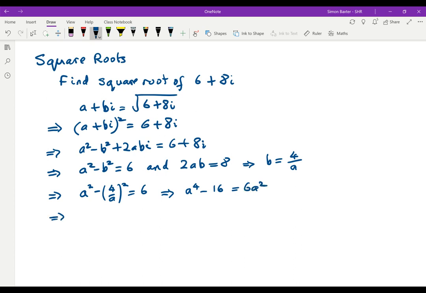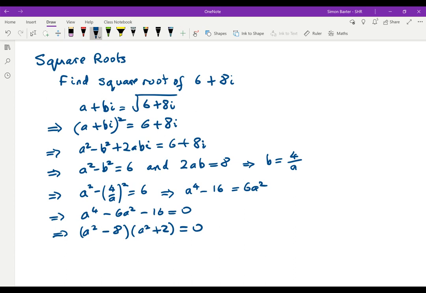Rearrange that, and we get a to the 4 minus 6a squared minus 16 is 0. It's a quadratic equation in a squared, so that will be (a squared minus 8)(a squared plus 2). Does that work? Minus 8a squared plus 2a squared, yes.